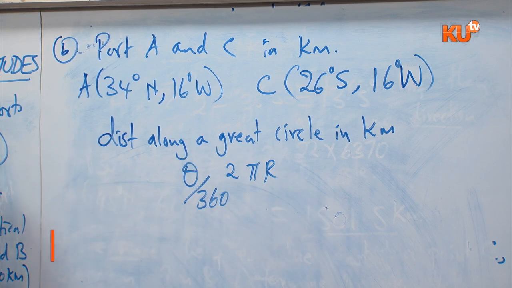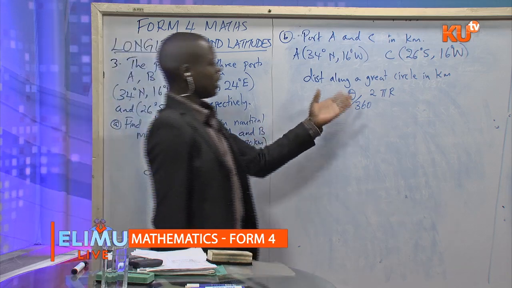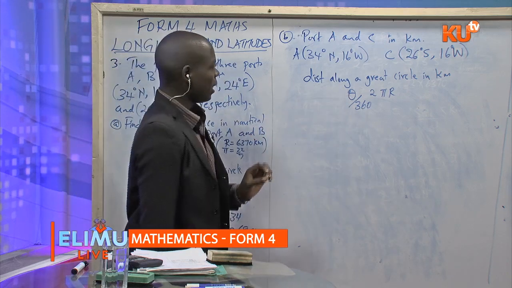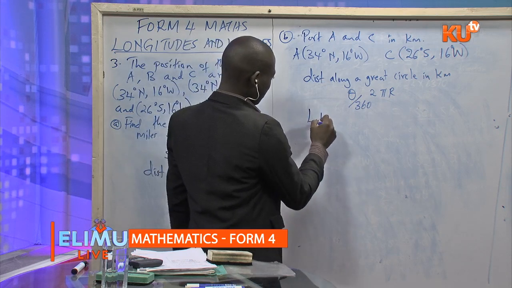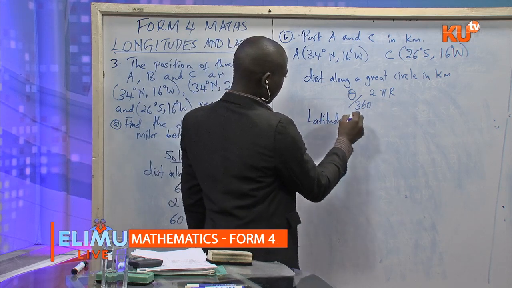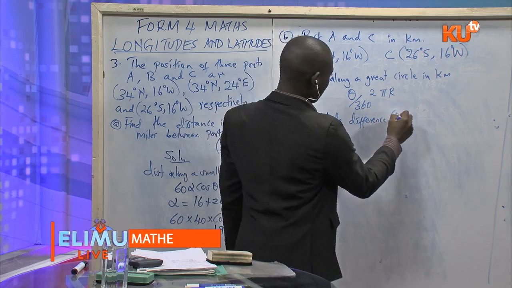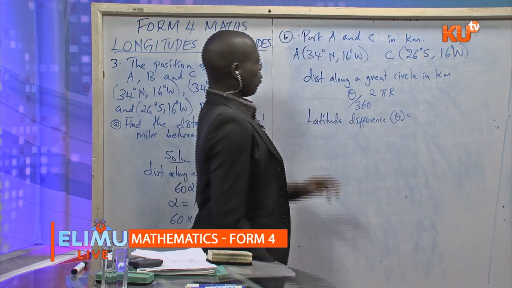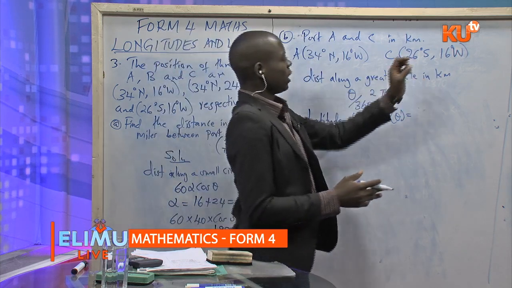That is the formula. Once we have the formula, do we know what is theta? Theta, we've defined it as the latitude difference. And the latitude difference here is our theta, look at the position of the two. 34 north, 26 south.